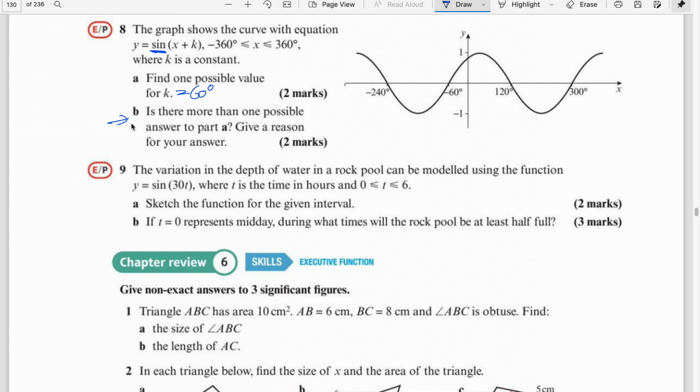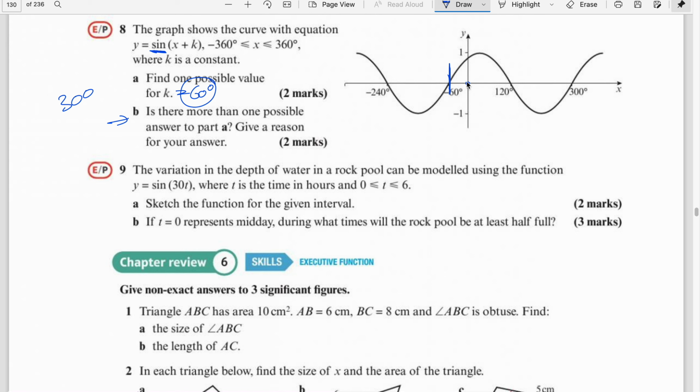Second says, is there more than one possible answer to part A? Yes, there is. This is 60. It may have been moved 300 degrees to the other side. Are you getting it?